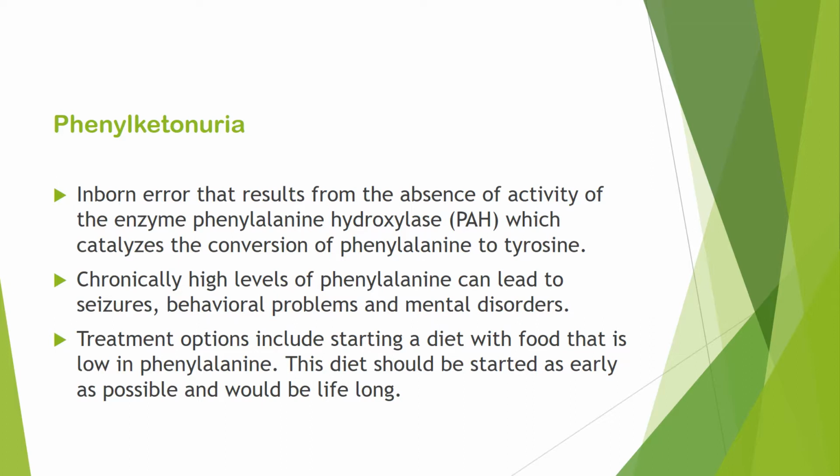The treatment options for this disorder include starting a diet of foods that are low in phenylalanine. Keep in mind, though, that once a diagnosis is made that the person has phenylketonuria, the diet should be started immediately and it would last for the rest of their life.